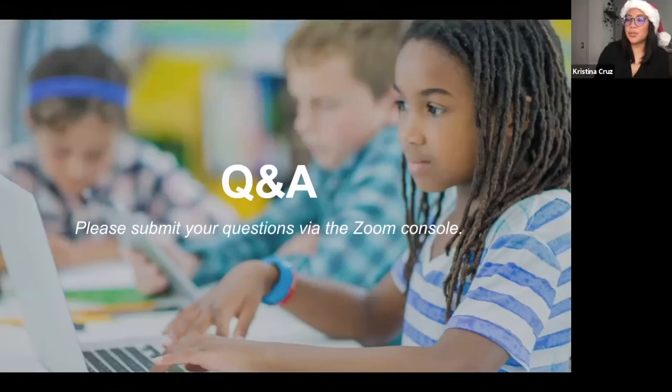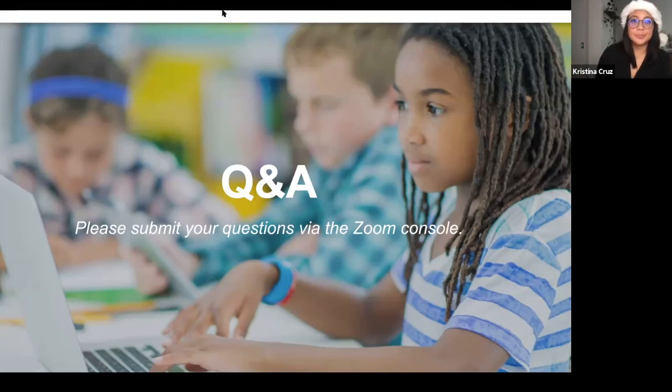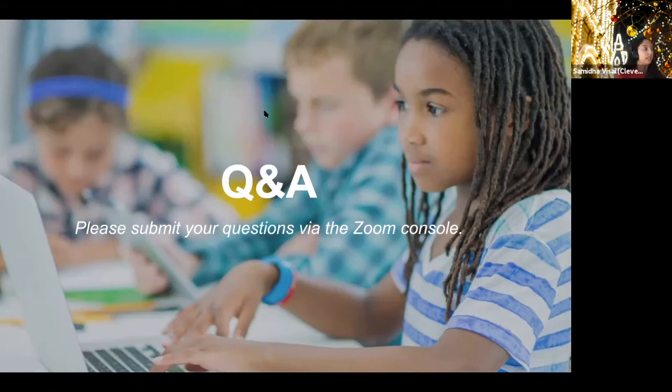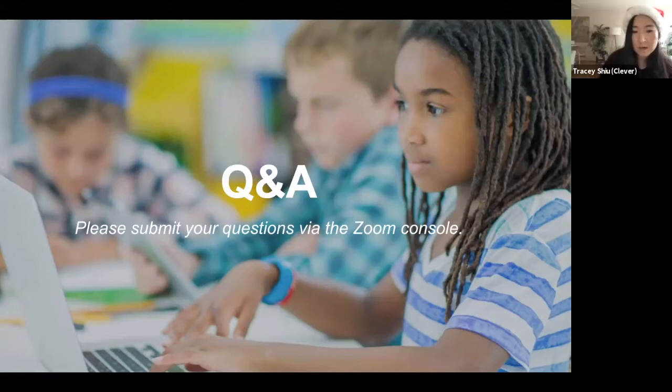Okay, great. We have a written-in question from the console. In what circumstance, if any, would a contact Clever ID change? The contact Clever IDs are changing. The only ID that is going to be preserved, as Tracy mentioned, is student IDs.